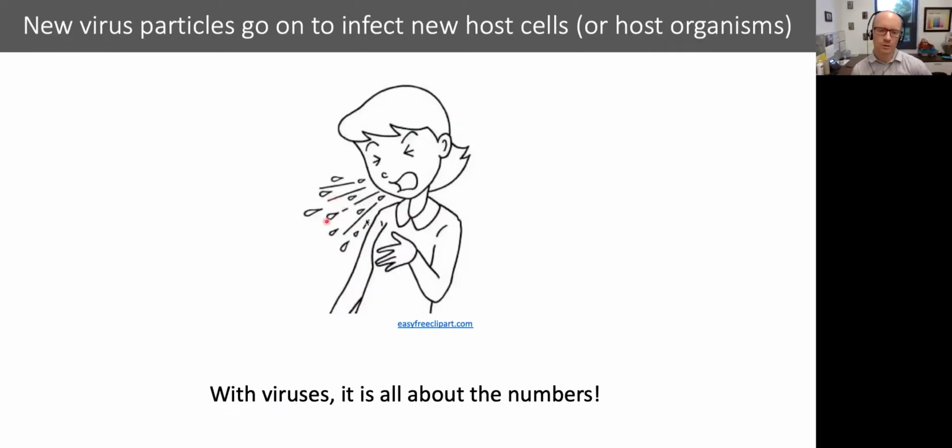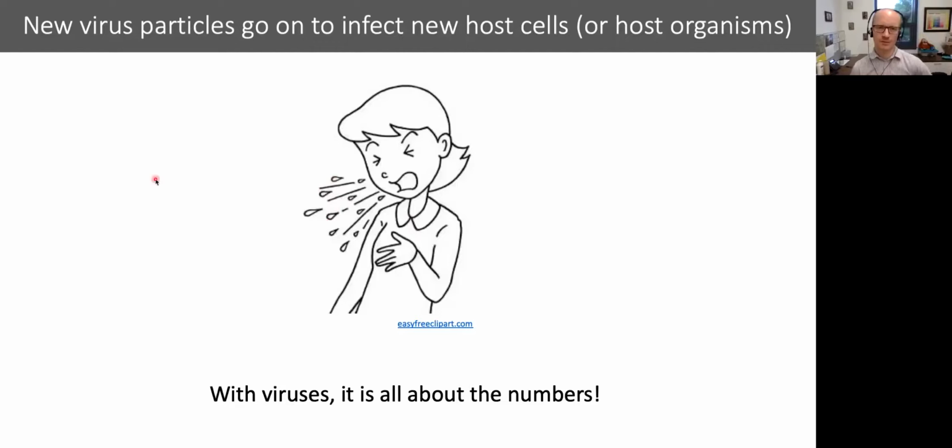Now, there's going to be a bunch of ifs here. If those droplets or aerosols make their way into another person's airway, and if there's enough virus that survives the journey, and if the person has all the right cells in the right place, the virus binds to them that has the receptor, and if the virus gets past all of the immune defenses that I haven't really talked about, then finally, there's a chance that the virus could infect some other person.